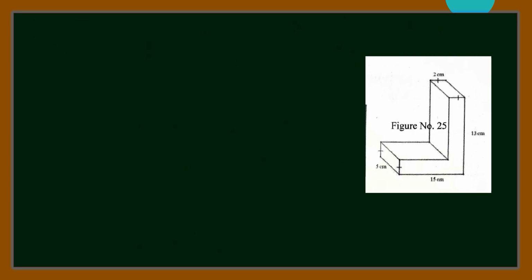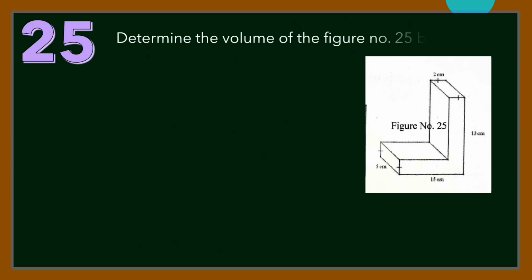Number 25. Determine the volume of the figure number 25 below. Here is our suggested solution. For our solution, let us cut the figure into two rectangular prisms. The base is 15 centimeters and the thickness of the figure is 2 centimeters.